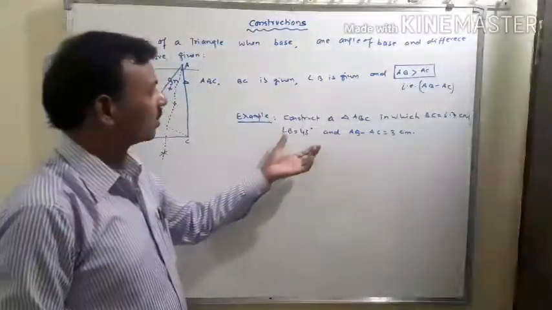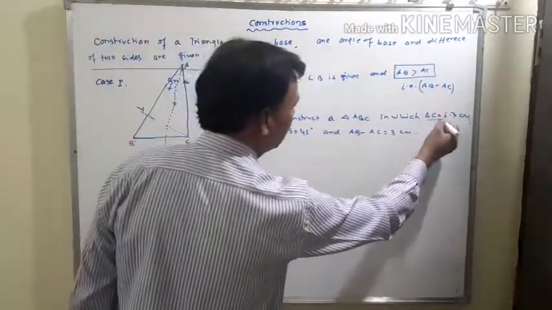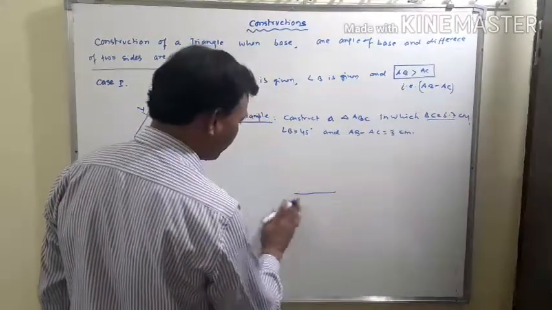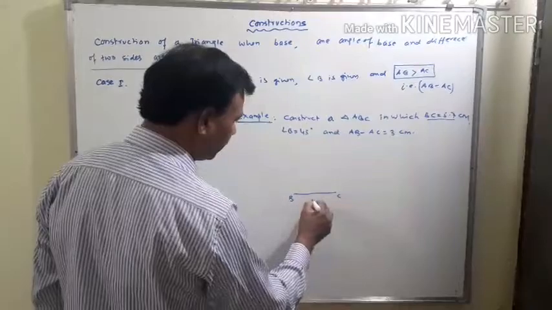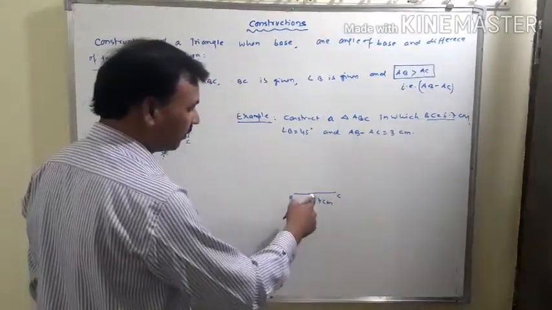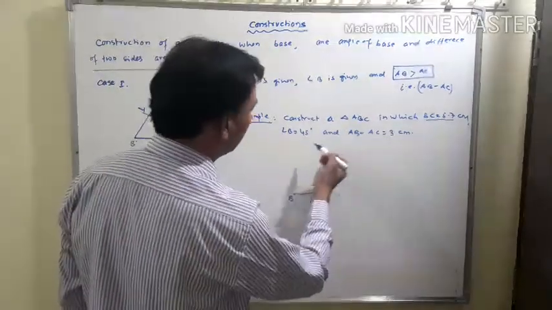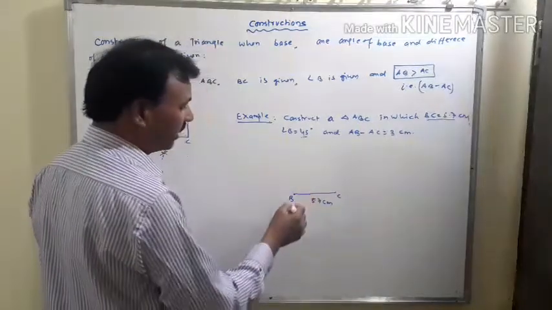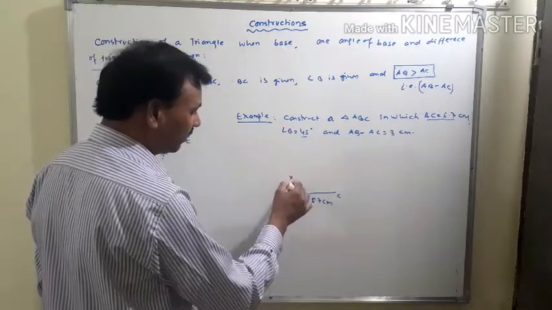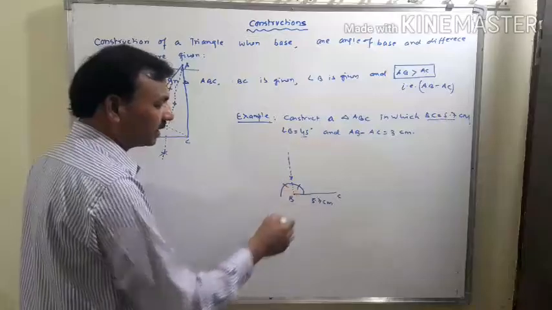Now how to construct it? First we draw BC equal to 5.7 centimeters, and make an angle equal to 45 degrees at point B. First we make the right angle from here, and again bisect this angle.